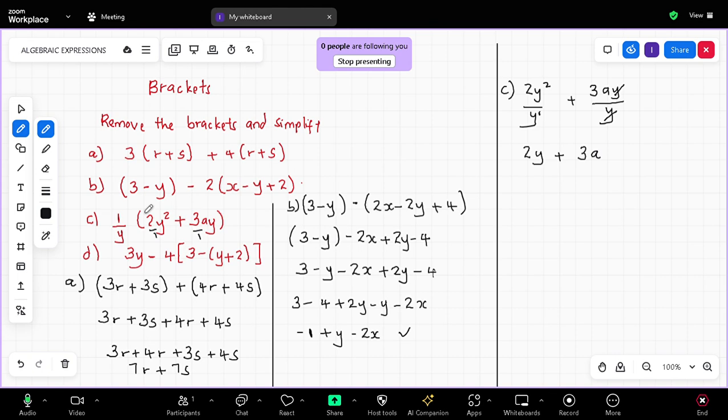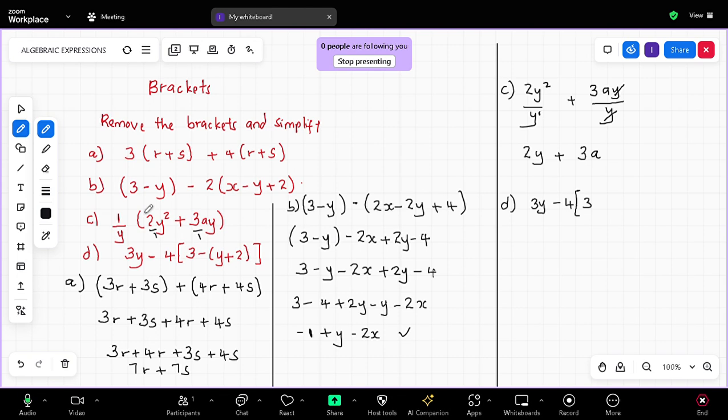Then coming to part D, we have 3y minus, so again we open the bracket. We have 2 brackets here, the bigger bracket and the smaller bracket. So I say minus 4 into the bigger bracket 3, and we open the smaller bracket.